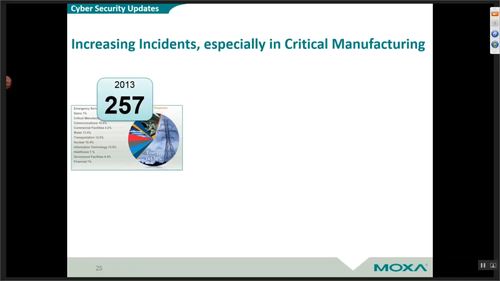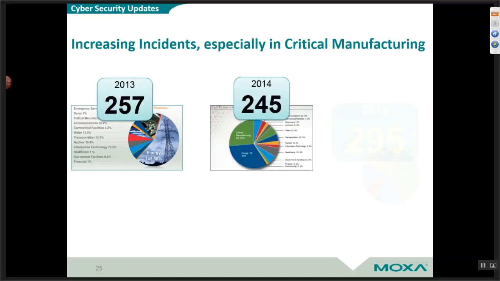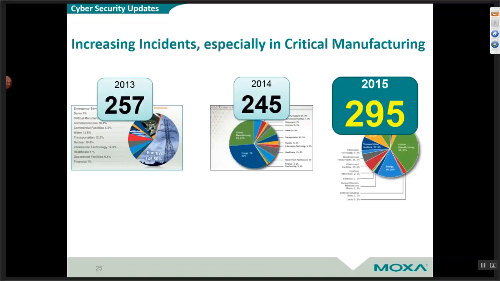The other thing we're starting to see as a trend here in the industrial space is critical manufacturing incidents. In 2013, there were 257 known attacks or vulnerabilities within our space, and about 56% of that was in the energy sector.